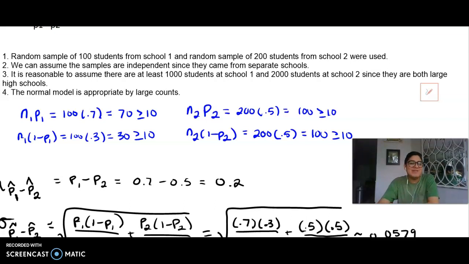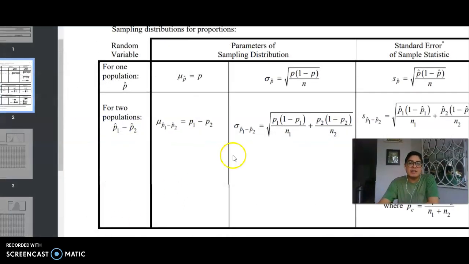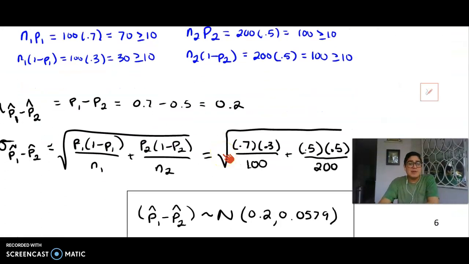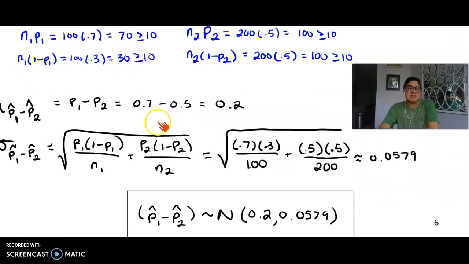Now, I'm going to use these formulas to construct my sampling distribution. I'm going to take the difference between the proportions and then use my formula here to find the standard deviation. So this is mostly just computation, and you can see again my term, my formula, my work, my answer.